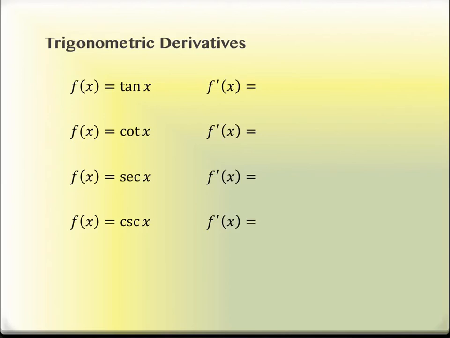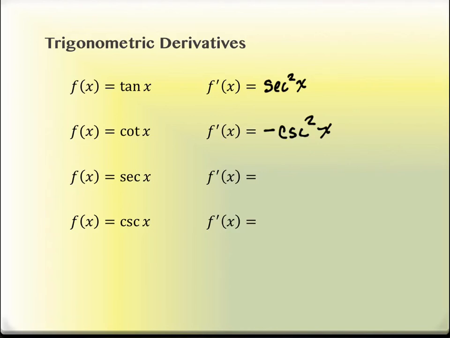So the derivative of tangent is actually secant squared. Make sure you write x next to it. Otherwise, it's like saying square root, and you're like, well, square root of what? Has no meaning without the x next to it. The derivative of cotangent of x is negative cosecant squared of x. So these sort of feel like they go together, right?